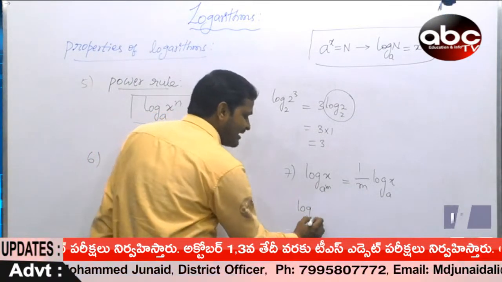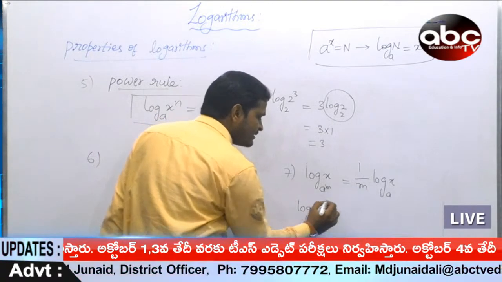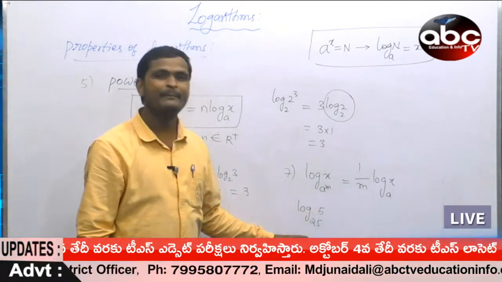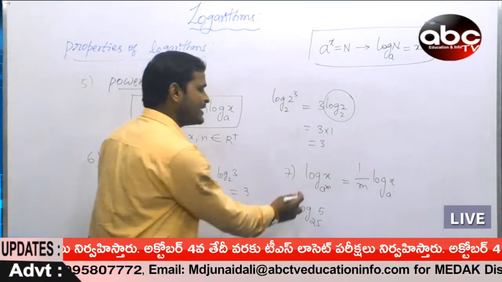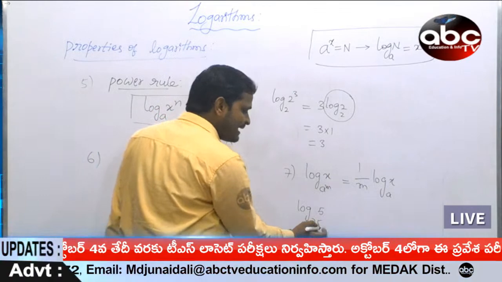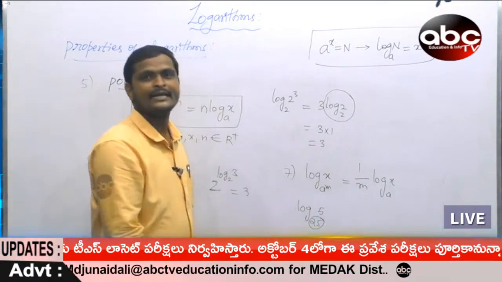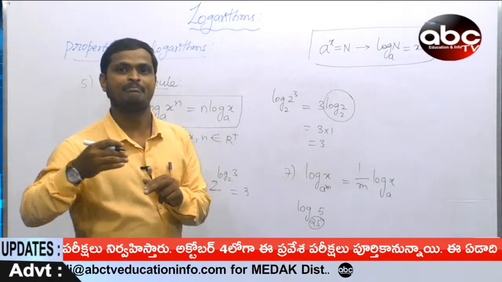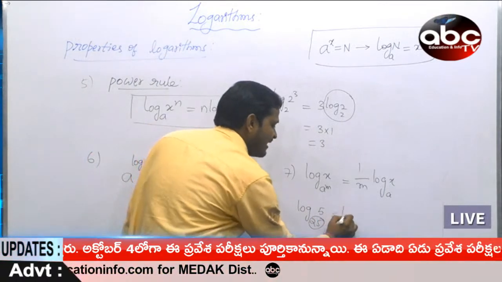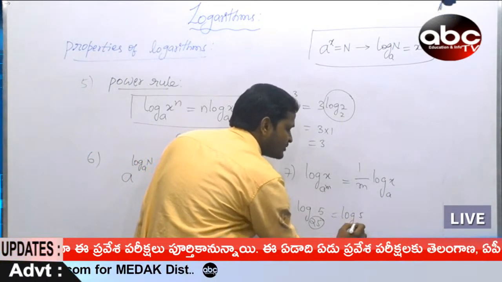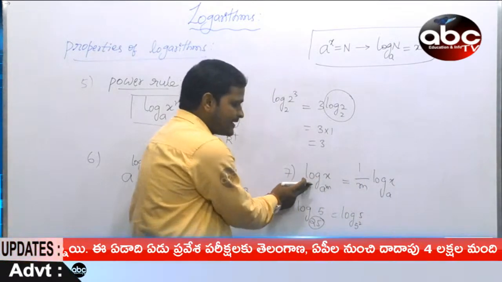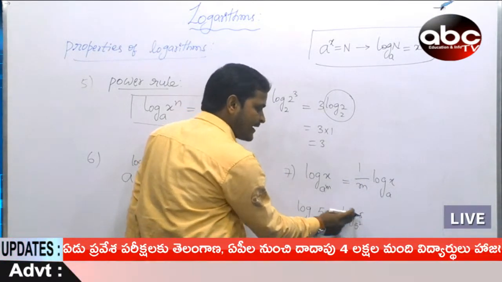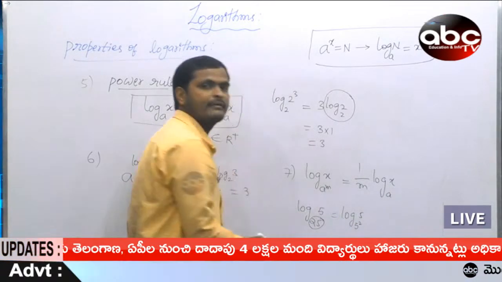For example, see one more example. Find log 5 base 25. What is the answer here? By using this property, you can write 25 in terms of power of 5, means 5 square. Compare with this property, a power m, 5 power 2.